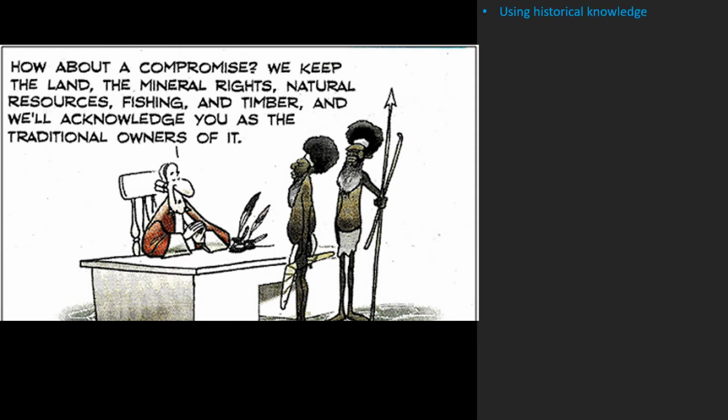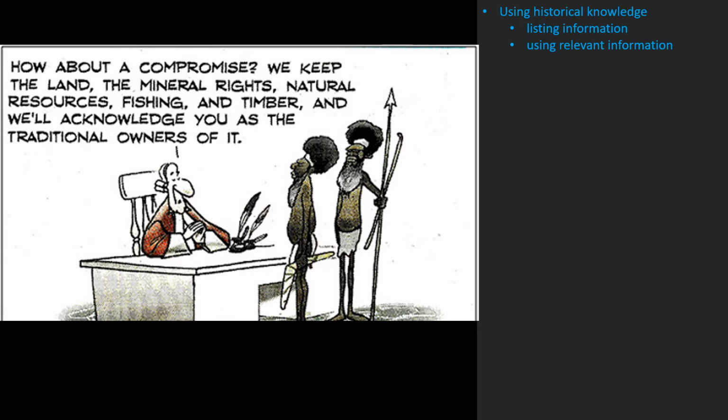So the first skill is using historical knowledge. The lowest level answer for this will just be to list information. Indigenous people lived in Australia before British settlers. Now Indigenous people are considered traditional owners of some land. Boom. I actually already did that, but sorry, yeah, because all the information that I gave was relevant.